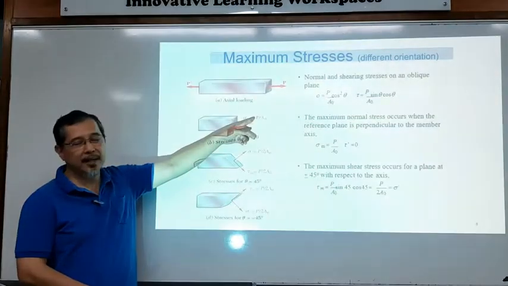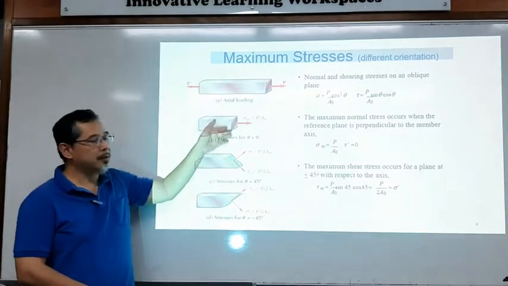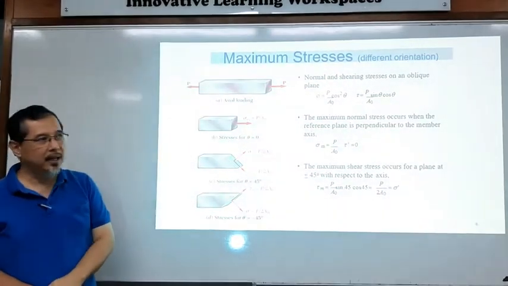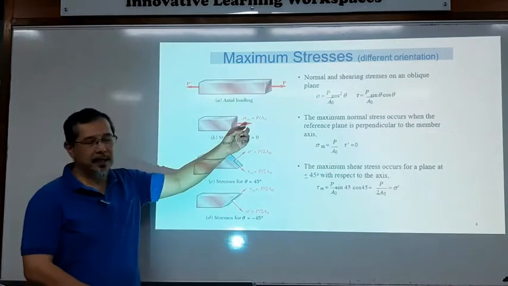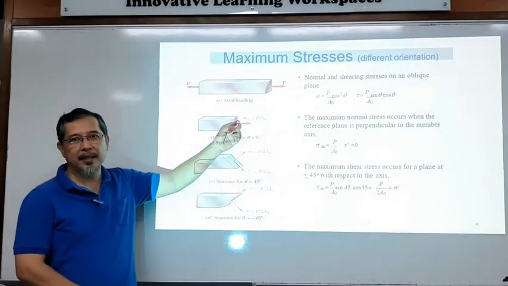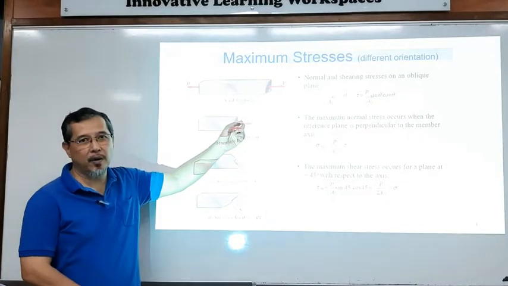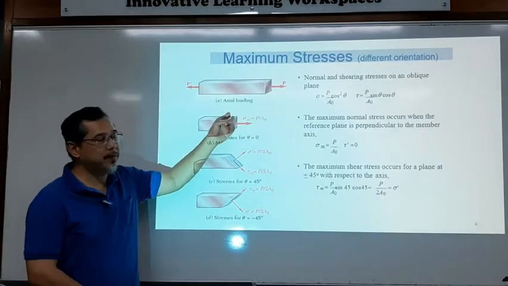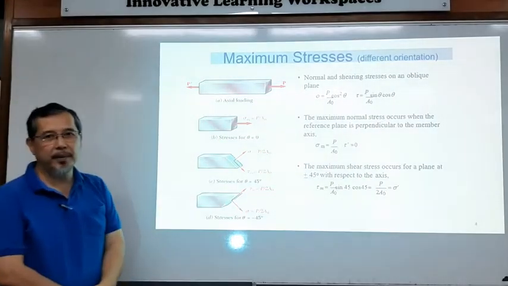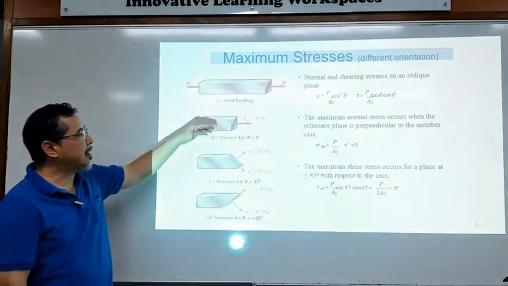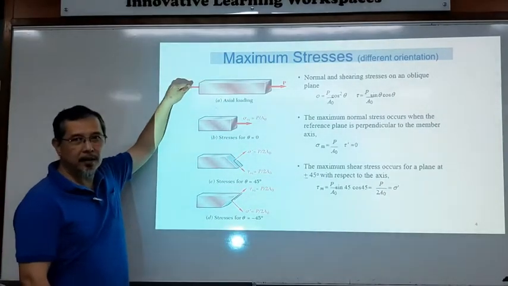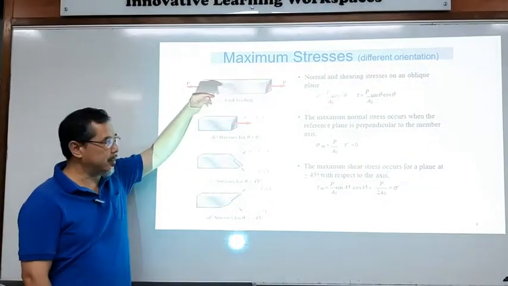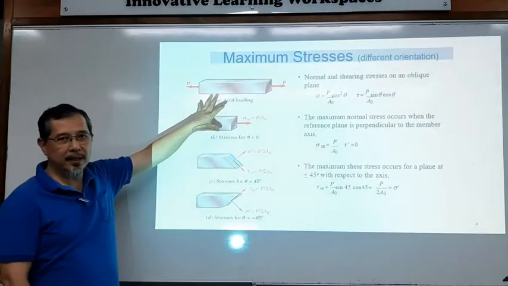If we divide it by the cross-sectional area A0, we get the average normal stress, acting in the direction of the load in the longitudinal direction. That is what we cover in Solid 1.